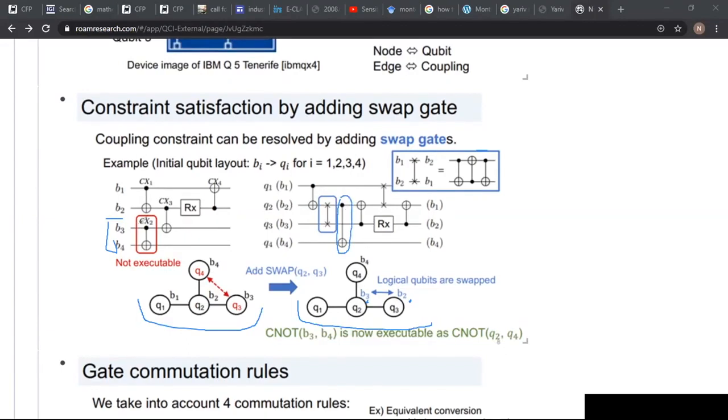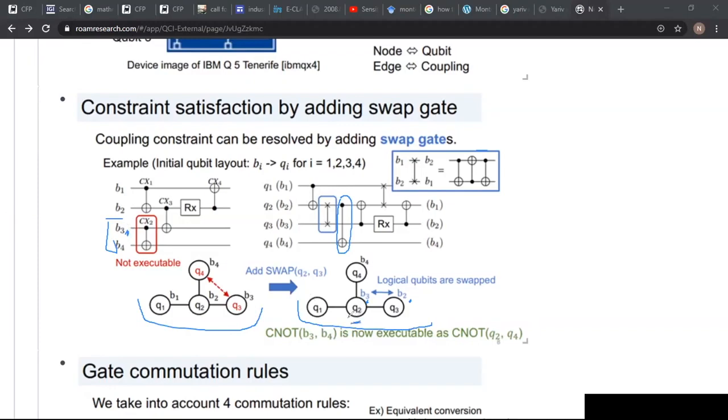Earlier, the CNOT was between B3 and B4. But why not between Q2 and Q4? Because the state B3 is the control state and the state B4 is the target state. Over here, which qubit holds the control state? That's Q2, which now holds the B3 state, because over here your B3 is nothing but the control state.